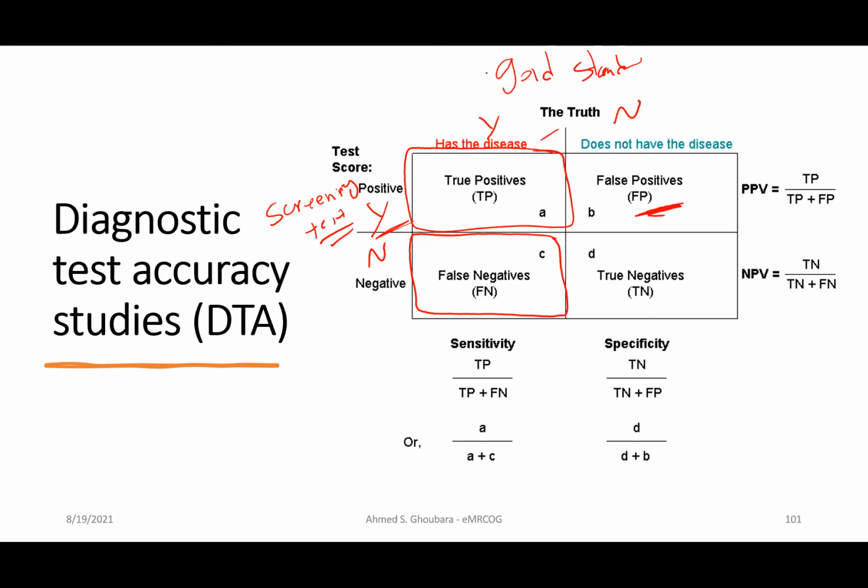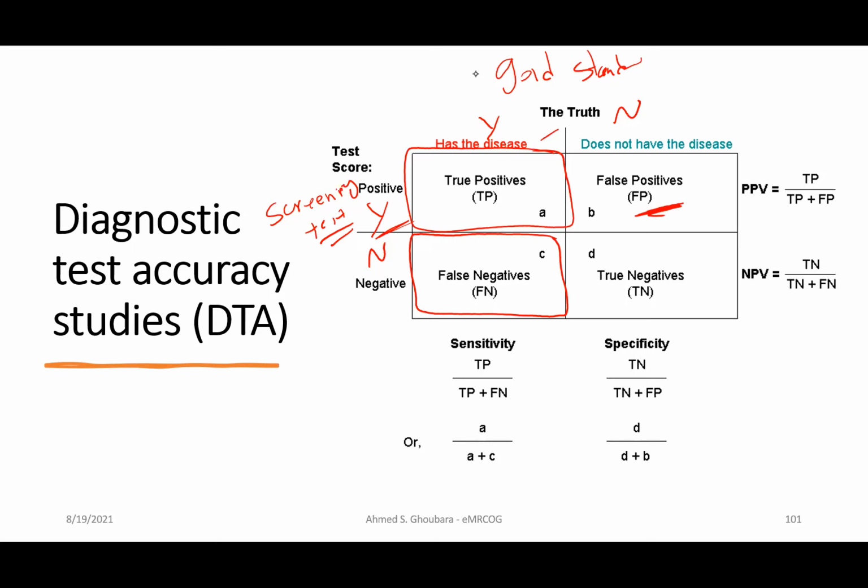So we made a mistake. The ultrasound said negative, but at the same time the histopathology was positive. That was a false negative result. That's an error. We call it a false negative result: negative results from the screening, but these negative results were false.